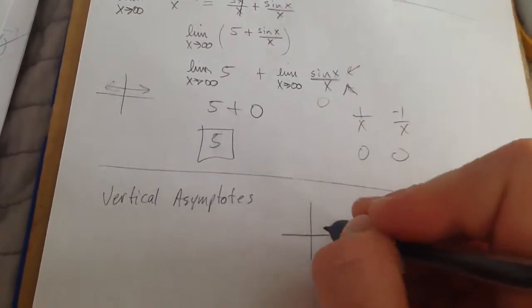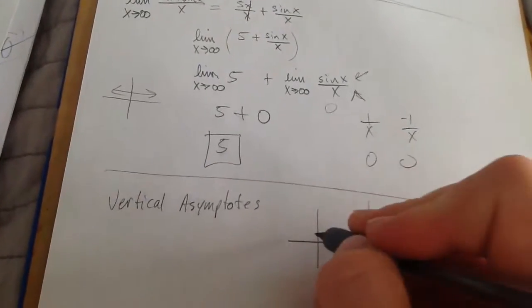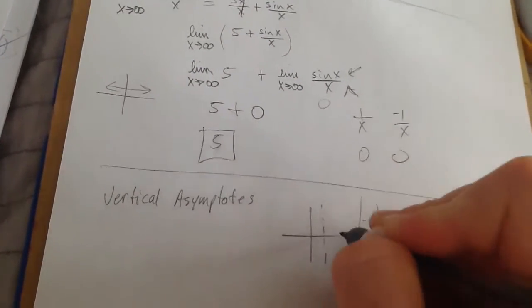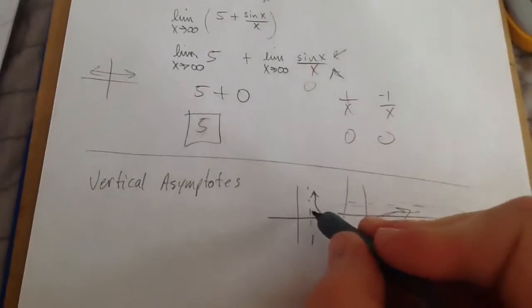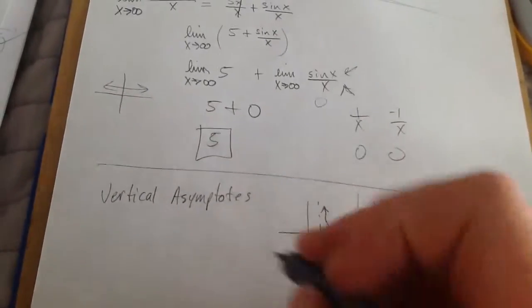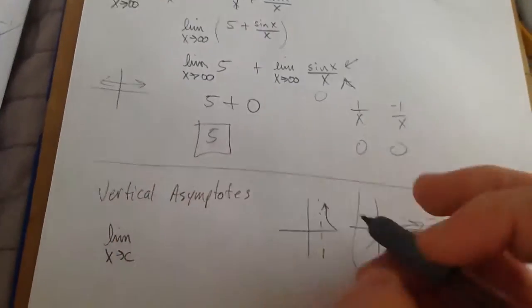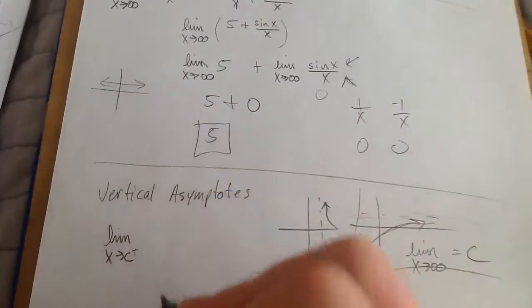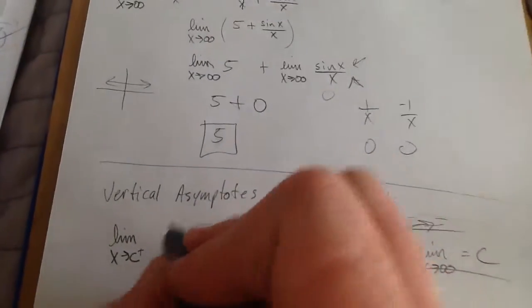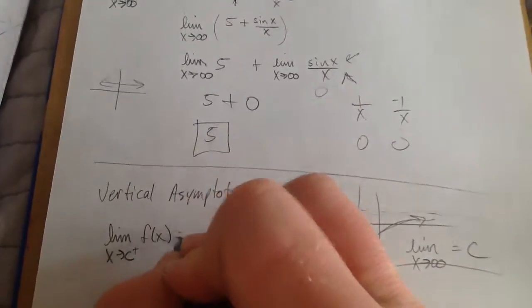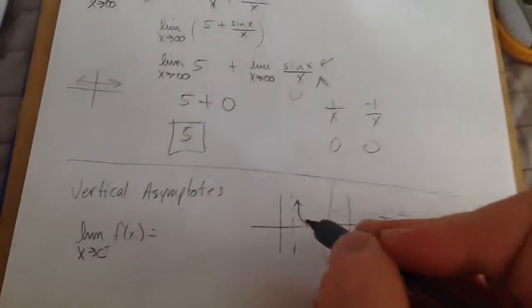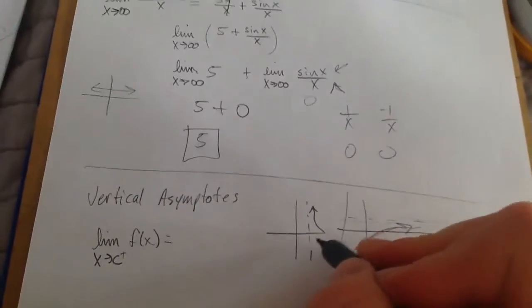Well, now for vertical, just think, let's say you have a vertical asymptote, it's going to go up like that. If you take the limit as x approaches some number from the right or from the left, it doesn't matter. Here's c.